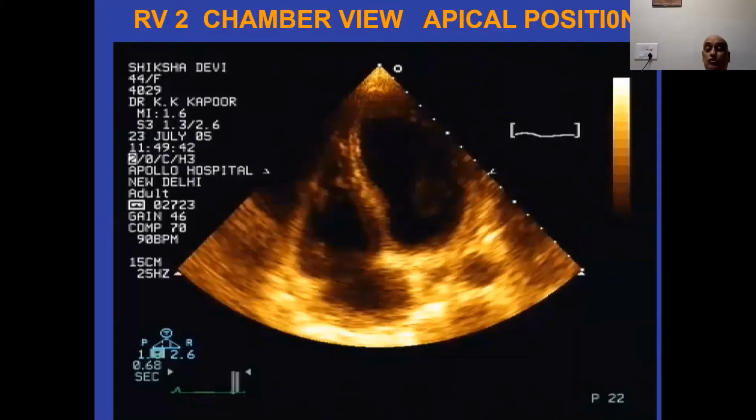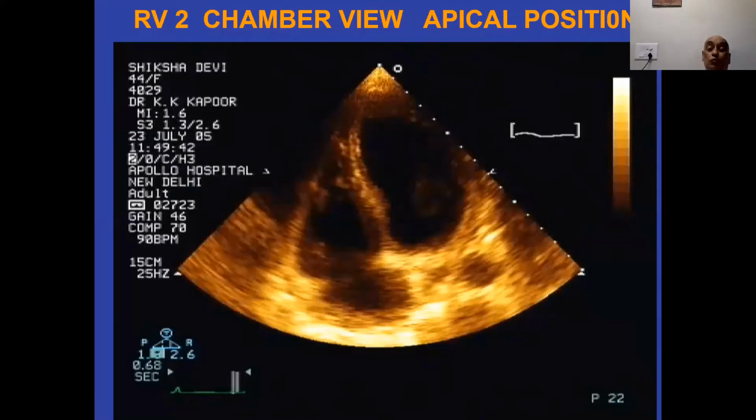In this focused four-chamber view, from the apical four-chamber position, index mark at 4 o'clock, you just move the probe slightly laterally and then angulate extremely medially, so that you can see more prominently the right atrium and the right ventricle. The apex is going to be formed more by the right ventricle than by the left ventricle or by both the ventricles. But you'll get a view of the right atrium and the right ventricle very prominently.